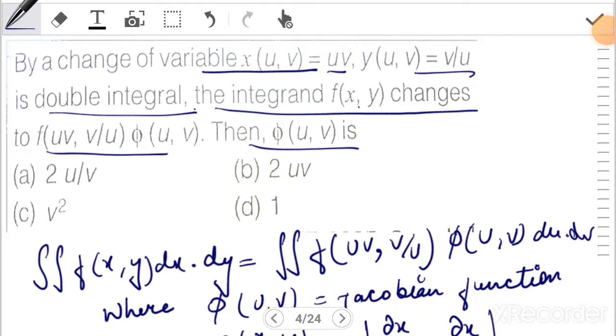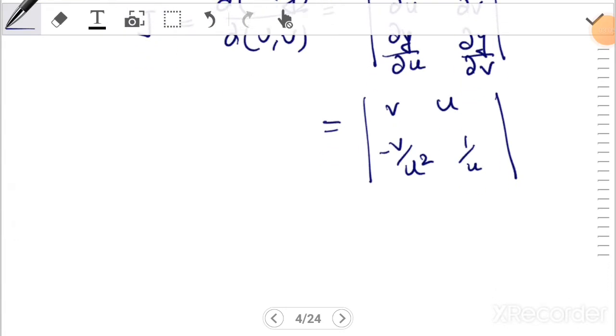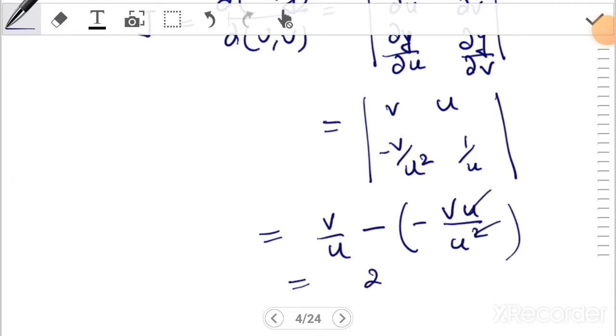So now let's put the respective values in the determinant. So v, u, minus v by u square, 1 by u, and this is v by u minus of minus v by u. So that is 2v by u.